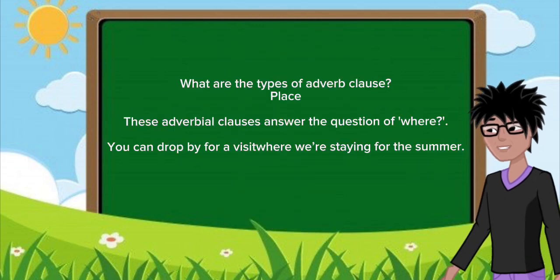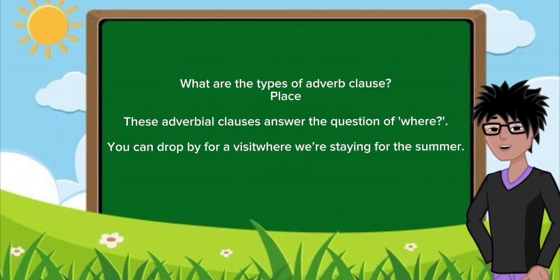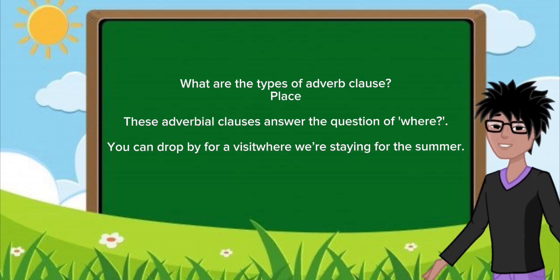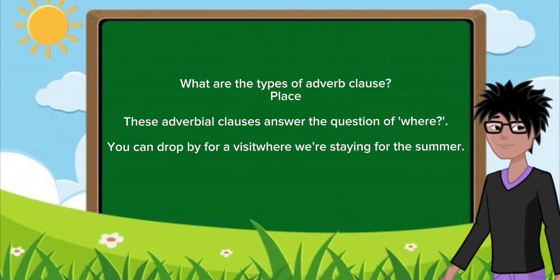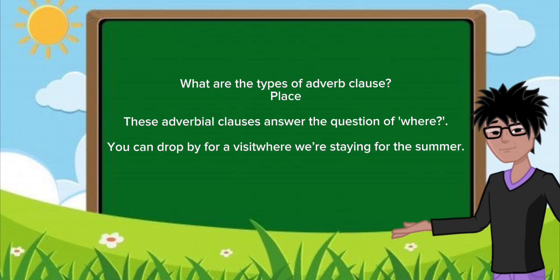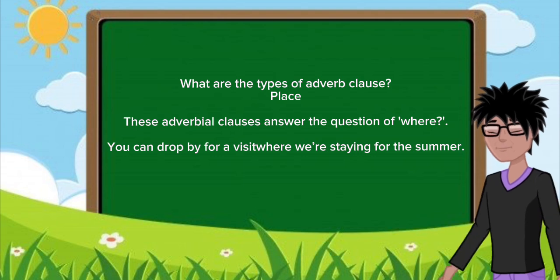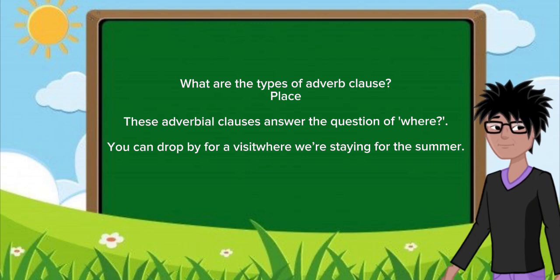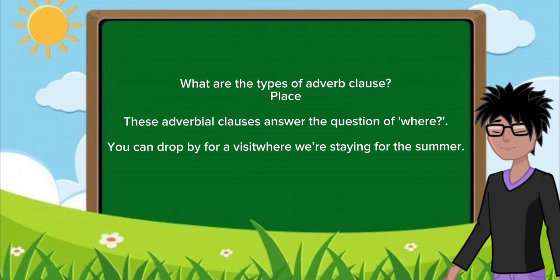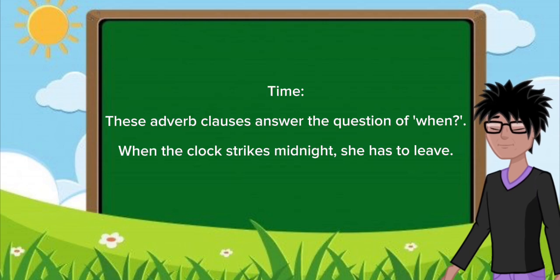What are the types of adverb clause? Number 1. Place. These adverbial clauses answer the question of where. Example. You can drop by for a visit where we are staying for the summer. Number 2. Time.